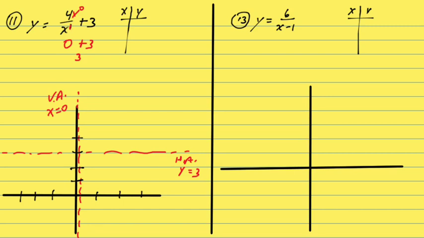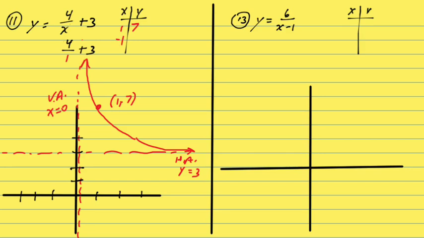Choose a value in each region, basically to the left of the vertical asymptote and to the right of it. If you were to put in a 1, what would I get out? A 7, which is up here. And it would have to curve from asymptote towards this asymptote.